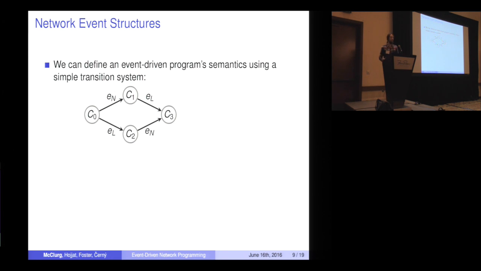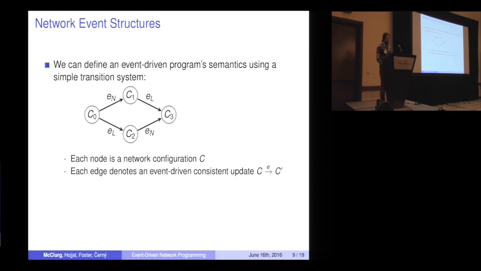Now we need to think about how we can define the semantics in terms of event-driven programs. So the most basic approach is to have simple transition systems where each node in the transition system is a static configuration, and each of these edges is an event-driven consistent update between those two configurations.